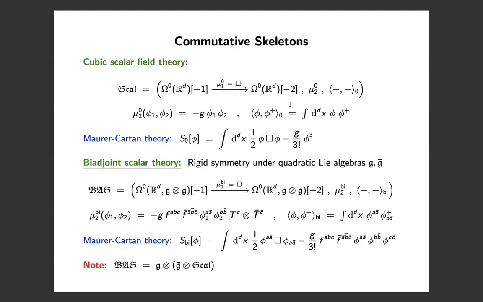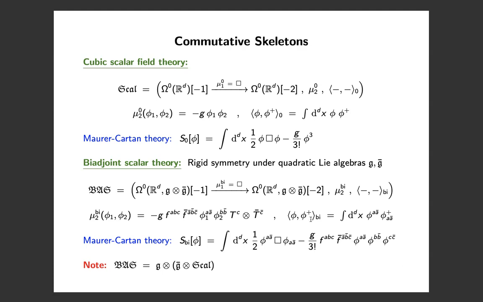So it's just an extension of what we wrote up here. And now, again, you turn the crank, you go to Maurer-Cartan theory. I've got all this algebraic data, and you can write down the action functional. And this is the action functional that defines this theory called the bi-adjoint scalar theory.